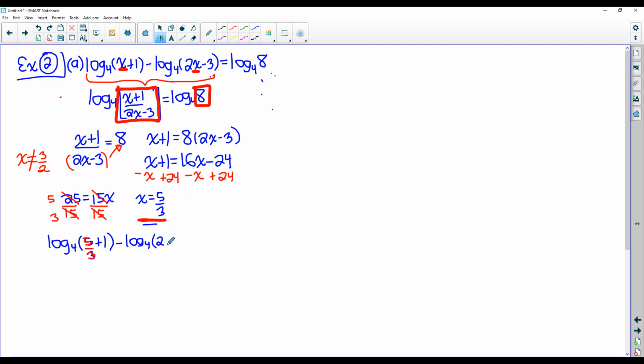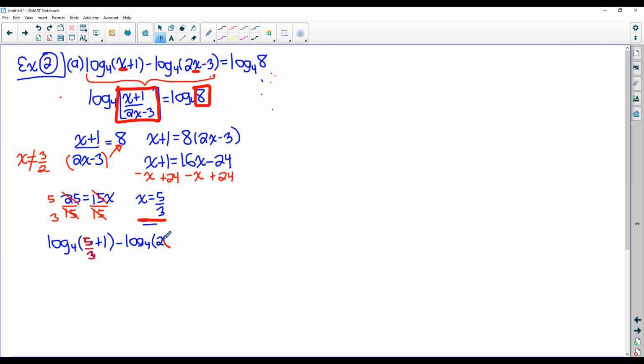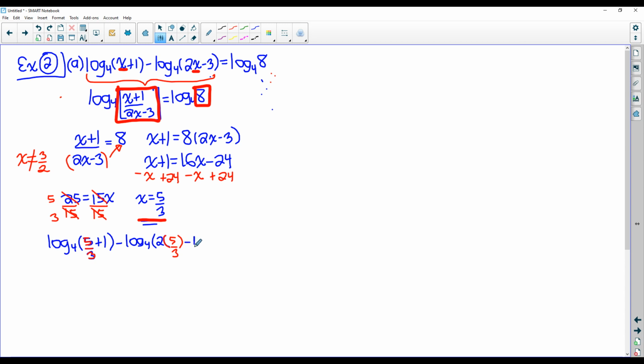And then this would be 2 times 5 over 3 minus 1. Okay, this would be equal to log 4 of 8.